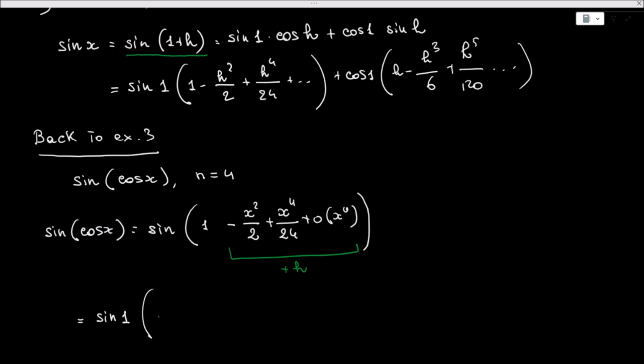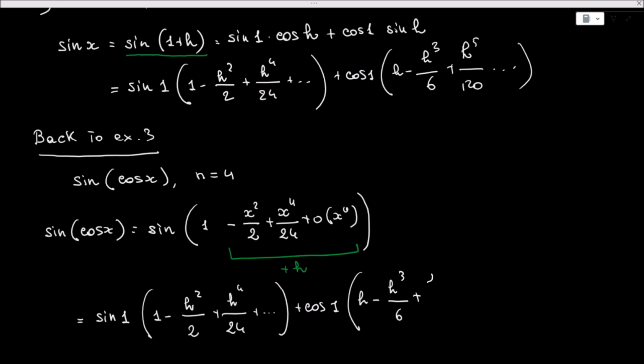Well, we have 1 minus h squared divided by 2, where h is now the previous expression that we have highlighted, plus h to the 4th divided by 24 plus dot dot dot, and then we have the cosine of 1 times h minus h to the cube divided by 6 plus h to the 5th divided by 120, and so on and so forth.